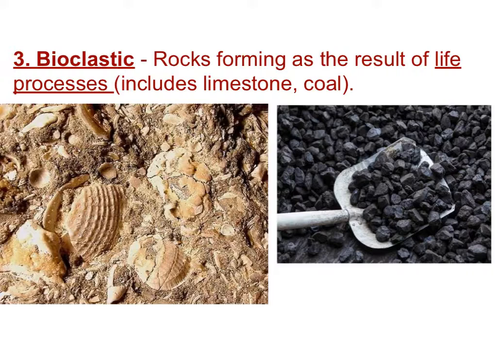And our third and final type of sedimentary rock is called bioclastic. That root word bio means life, and clastic, we already know, means fragments or sediments. And so these are rocks that actually contain sediments, but they also contain pieces of organisms that were once alive. So these are rocks that form as the result of life processes.